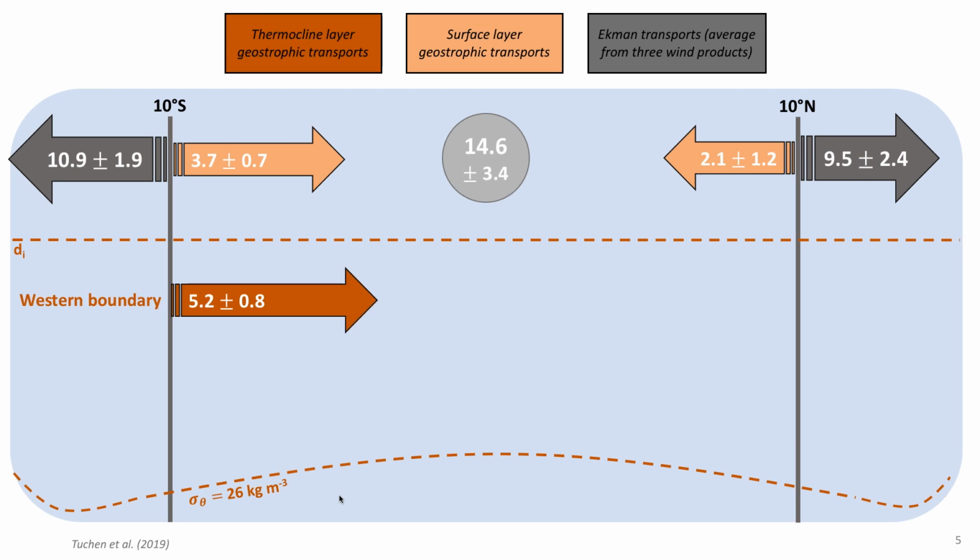So now for the thermocline layer, we did the same. We divided the transports at both sections into a western boundary and an interior transport. For the southern section at the western boundary, we decided to go with the ADCP measurements to account for this underestimation of Argo data there.